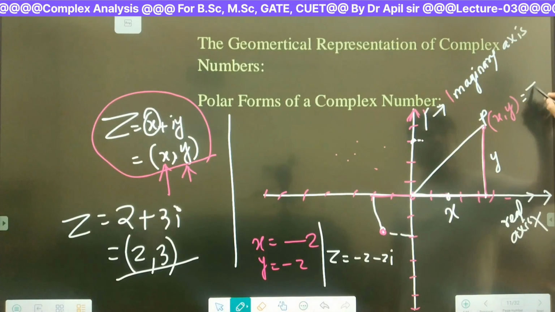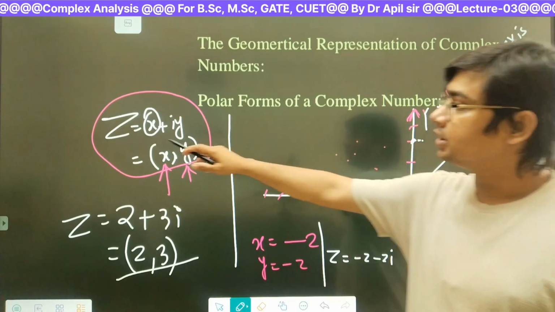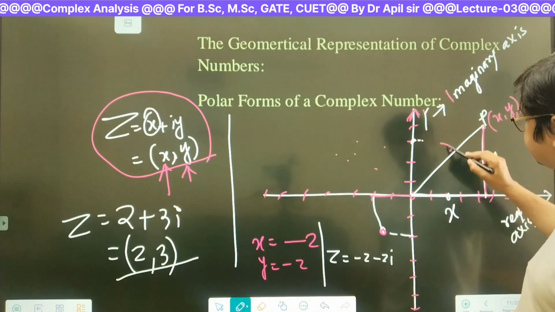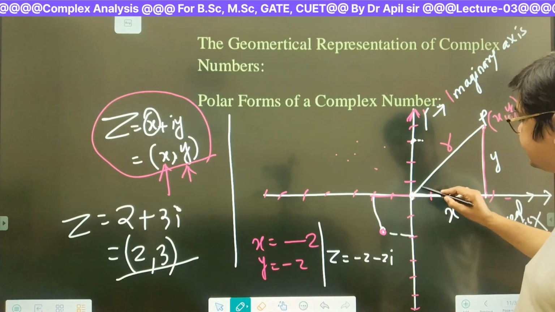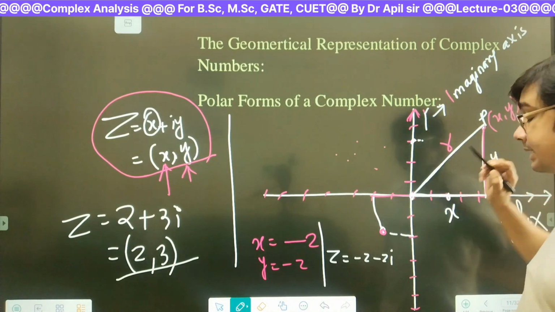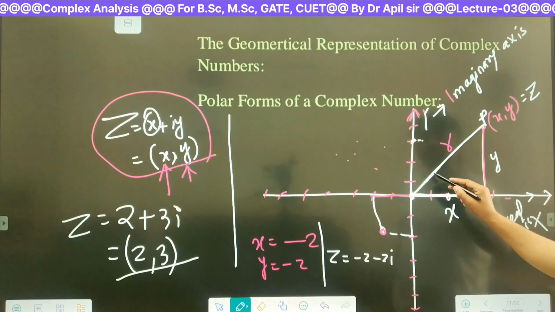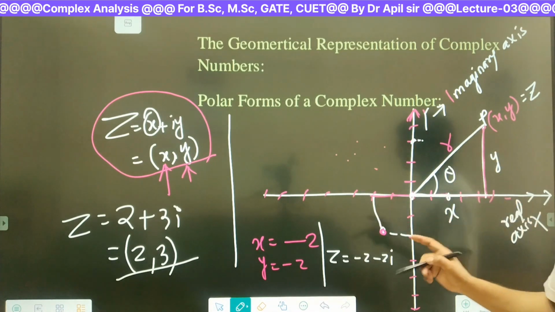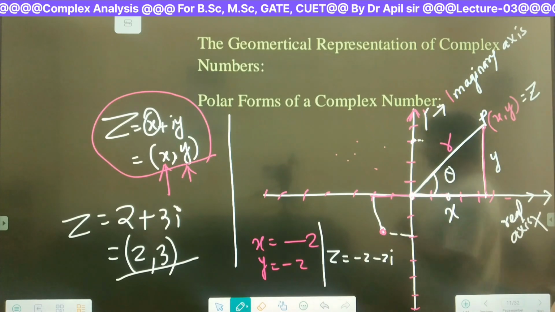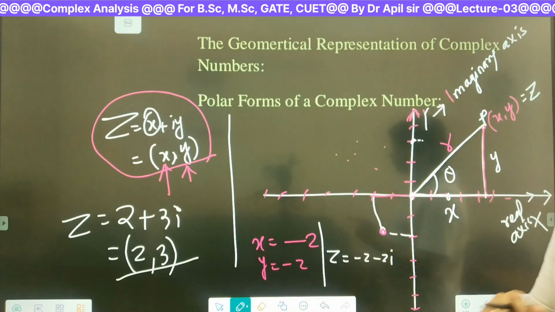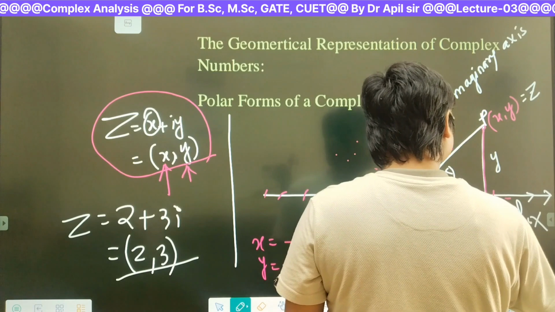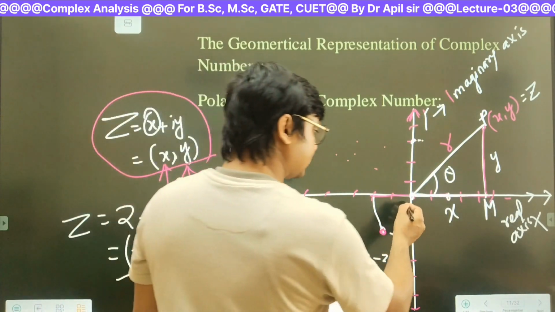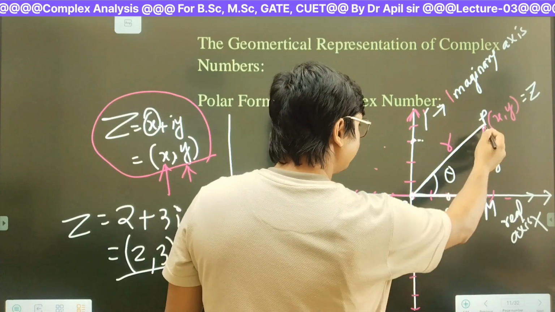And this is the actual complex number, z equal to x plus iy. We consider this distance, that means from the origin to the complex point, is r, and this line OP makes angle theta with the positive direction of the x-axis. If we put this thing and consider this is M, then from this triangle you see they will form OPM.